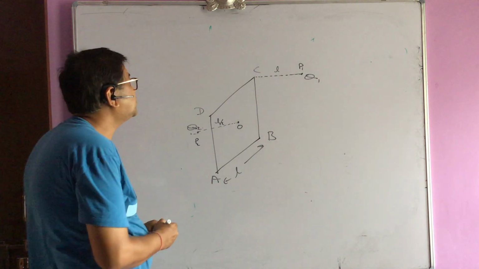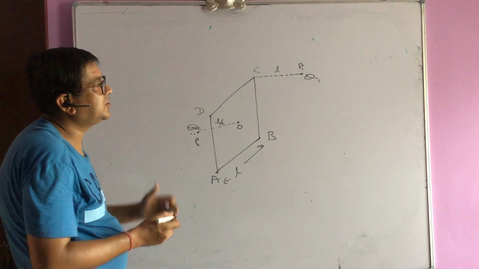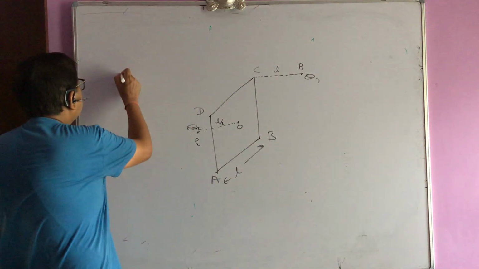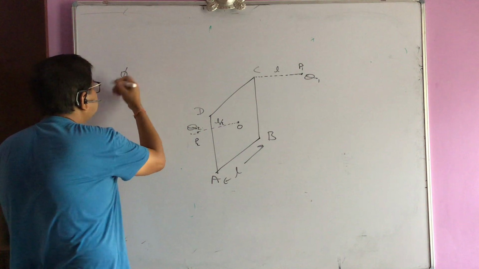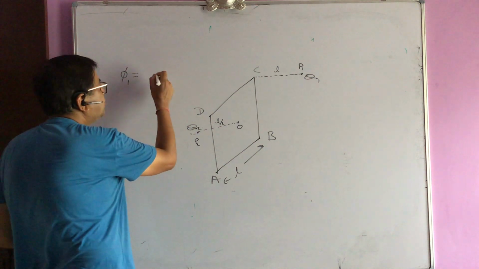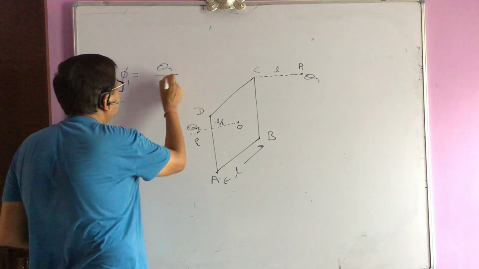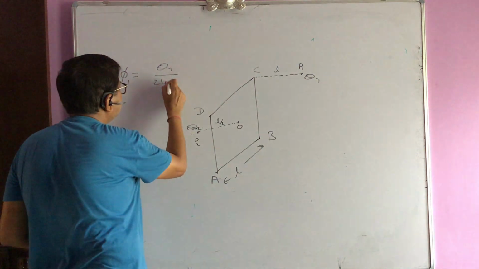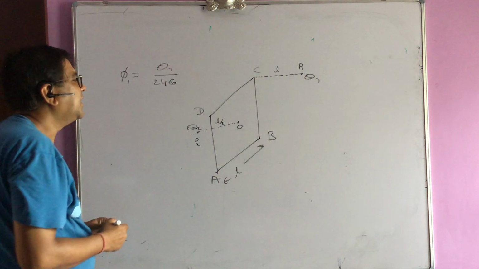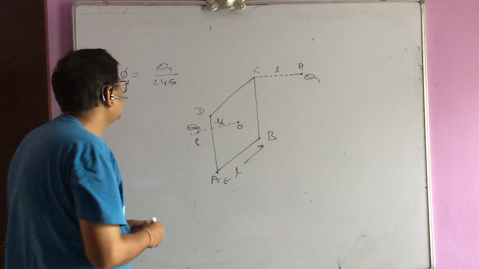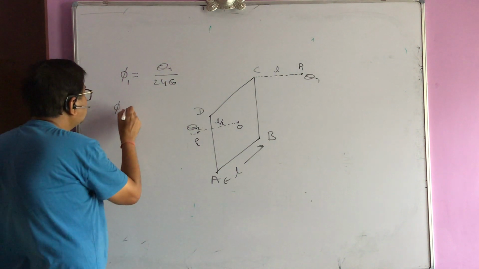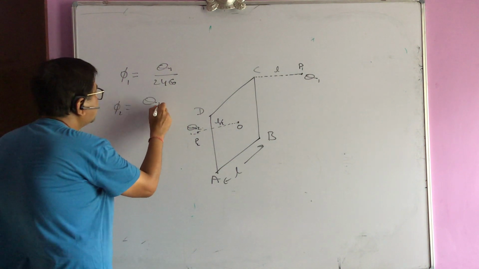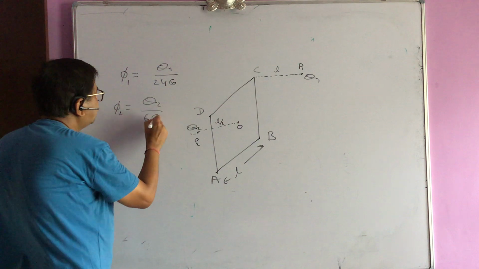So if I ask you what is the flux due to Q1, you know we have already calculated this result, and the flux due to Q1, say phi 1, is going to be Q1 by 24 epsilon. We have calculated it just now. Another thing, if I ask you what is the flux phi 2 due to Q2, that is going to be Q2 by 6 epsilon.